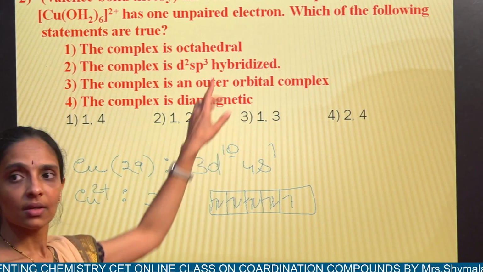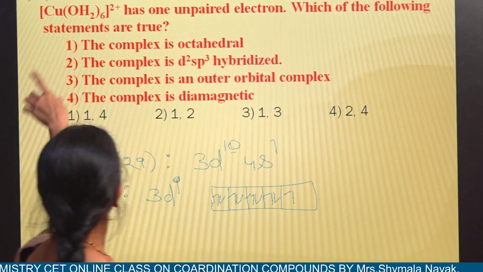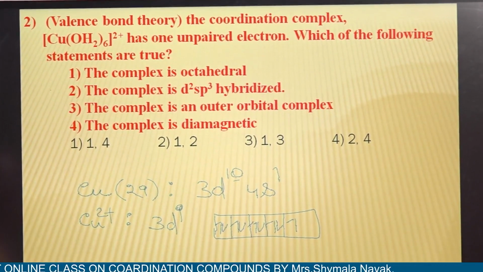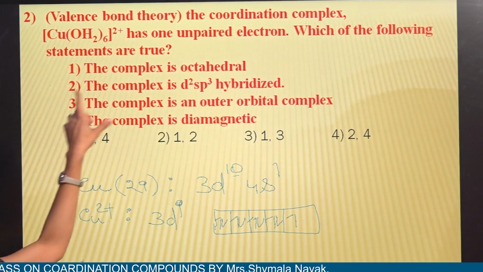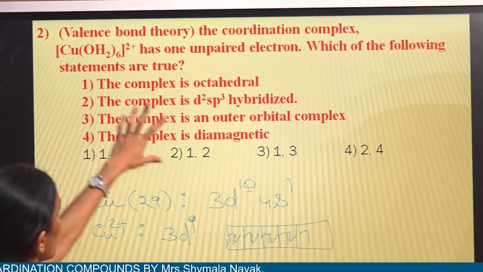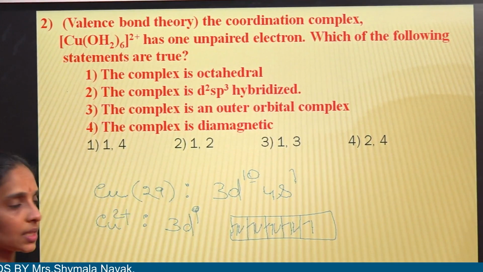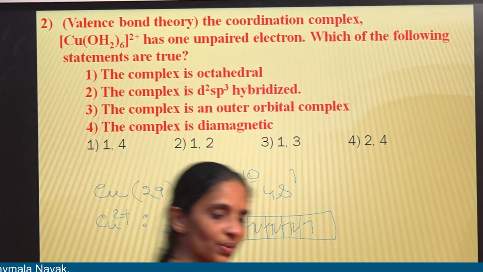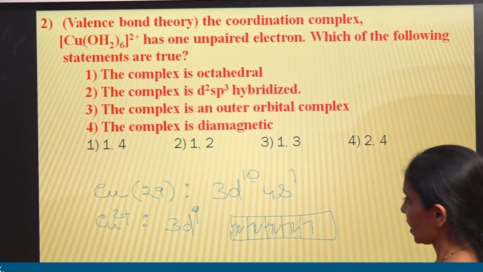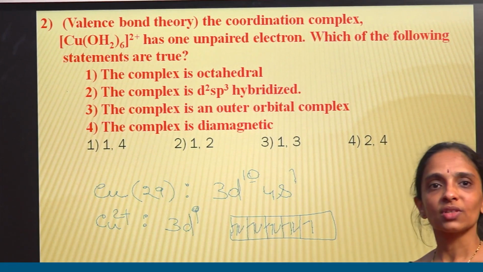Now, which of the following statements are true? That is your question, and the options are: the complex is octahedral. Let's see whether the complex is octahedral. It all depends on the hybridization.